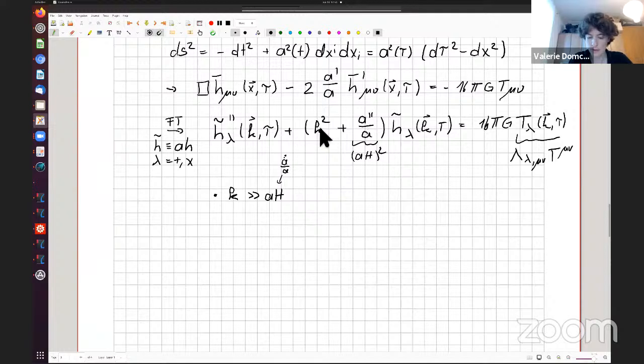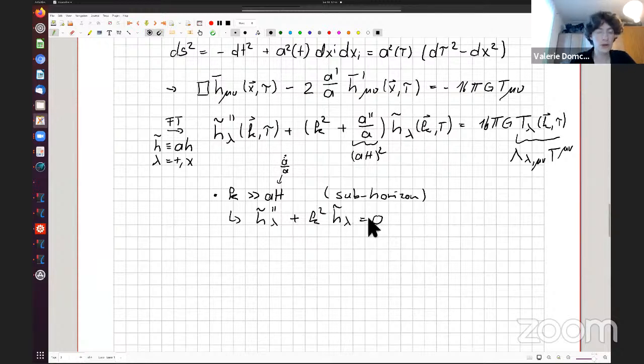If the first term is dominant, you can essentially forget again about the scale factor, and everything is just exactly the way it was beforehand. This is what happens for sub-horizon scales, for small scales. If we're doing physics here in a lab, we don't care about the expansion of the universe very much. So then we get h tilde lambda double prime plus k squared h tilde lambda is 0.